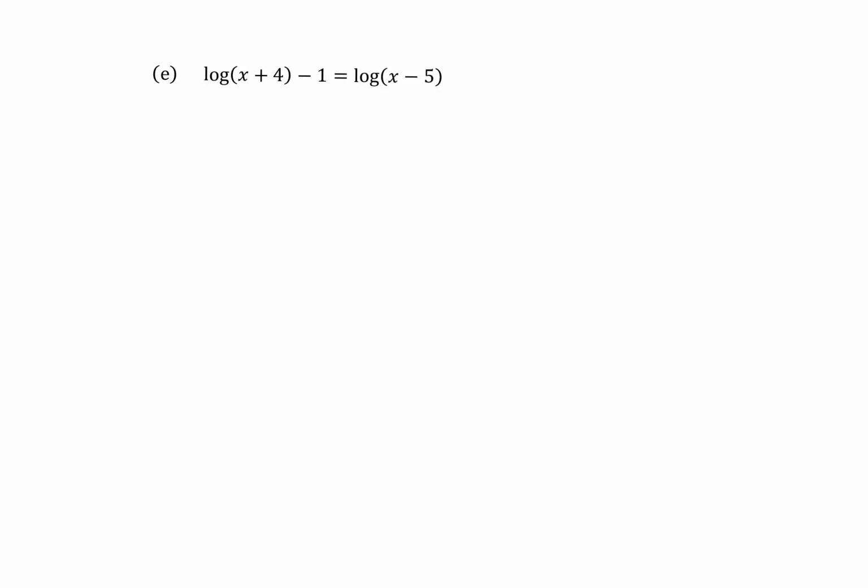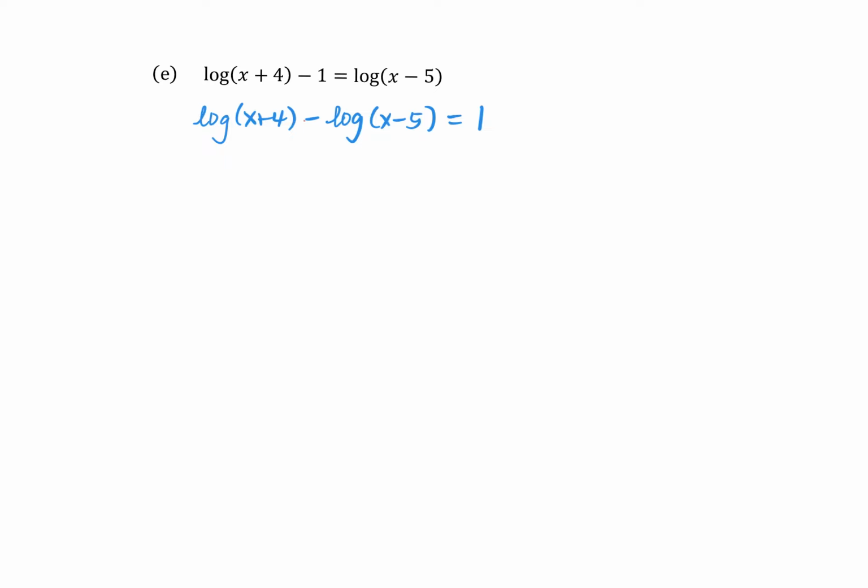So I think what I'm going to do is I'm going to subtract log of x minus 5 from both sides. So I'll have log of x plus 4 minus log of x minus 5, so I can get all the logs on one side. And then I'll add 1 to both sides. So that's going to be equal to a positive 1.